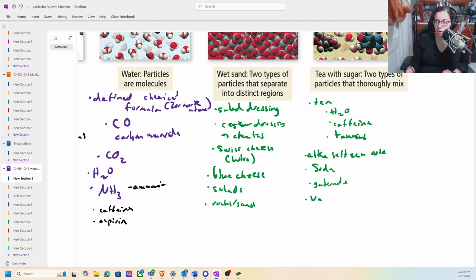And then we could do vanilla ice cream, mayonnaise, especially once it's freshly made. I understand things can separate over time. We can probably think of other examples.